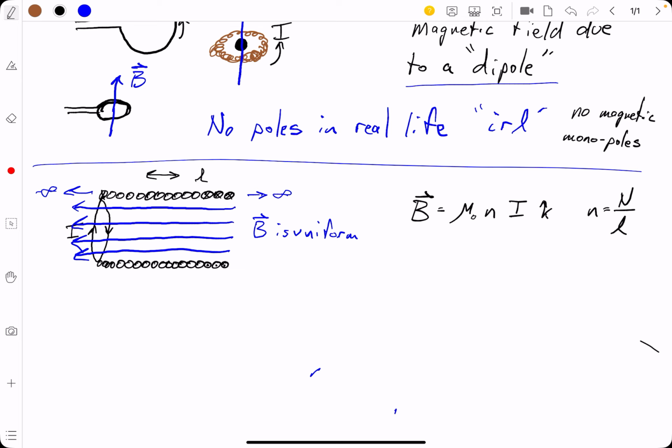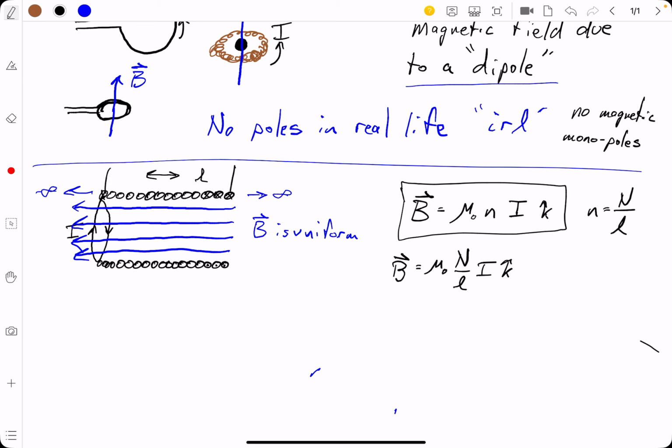And so your number of turns per length is your n, and you multiply by mu naught and your current that you got going through it, and this is your B field in this situation. Now, you could rewrite it, right? You could say, okay, well, that means that B is equal to mu naught n over L times I in the k hat direction.